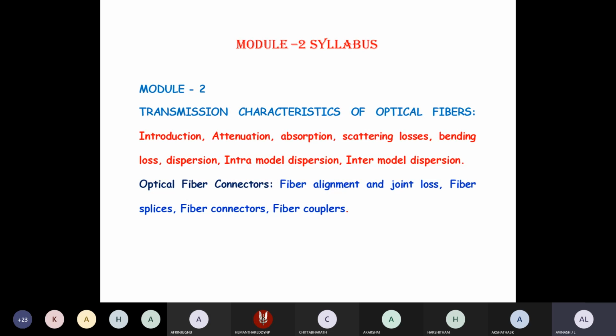And the second part of the model is optical fiber connectors, here fiber alignment and joint loss, fiber splices, fiber connectors and fiber couplers. So these are the things which we are going to learn here.